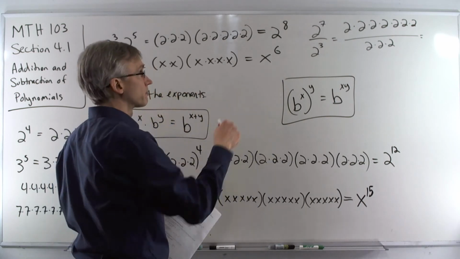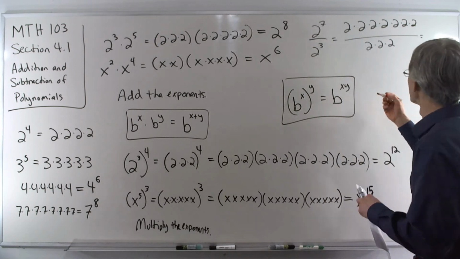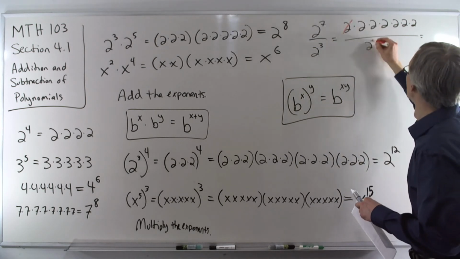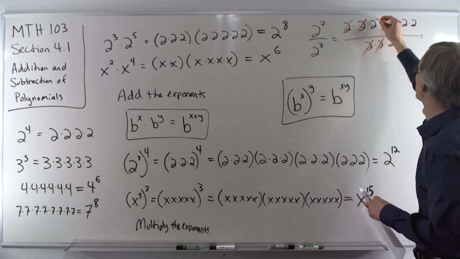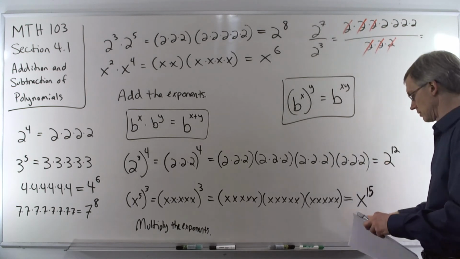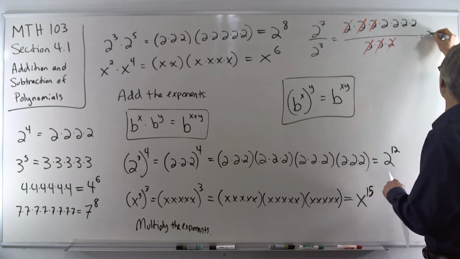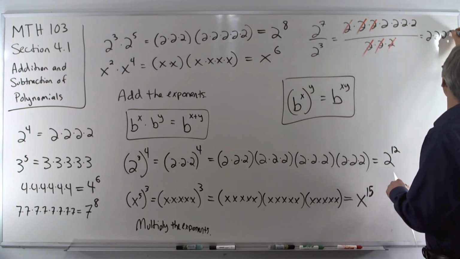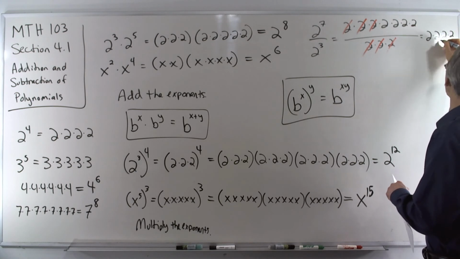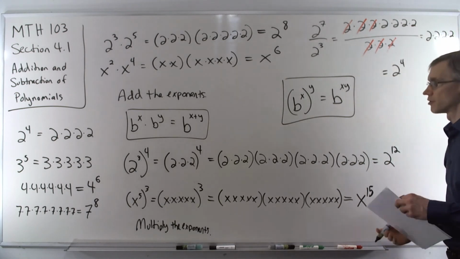Now, whenever we're multiplying, if we have the same number on top and bottom, we can cancel. So let's see what happens when we cancel here. Those cancel, that pair cancels, that pair cancels. So what we have left then is 2 times 2 times 2 times 2. That gives us 2 to the 4th power.